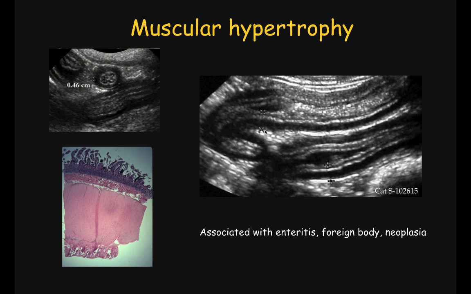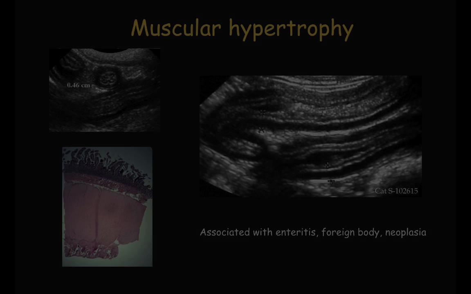And in this case, it's quite obvious that the muscular layer is much thicker than the corresponding mucosa, and can be also proven in histopathology slide. This finding is quite easy to pick up. However, it's a non-specific feature that can be seen with enteritis or as a response to a mechanical obstruction due to a foreign body or neoplasia.